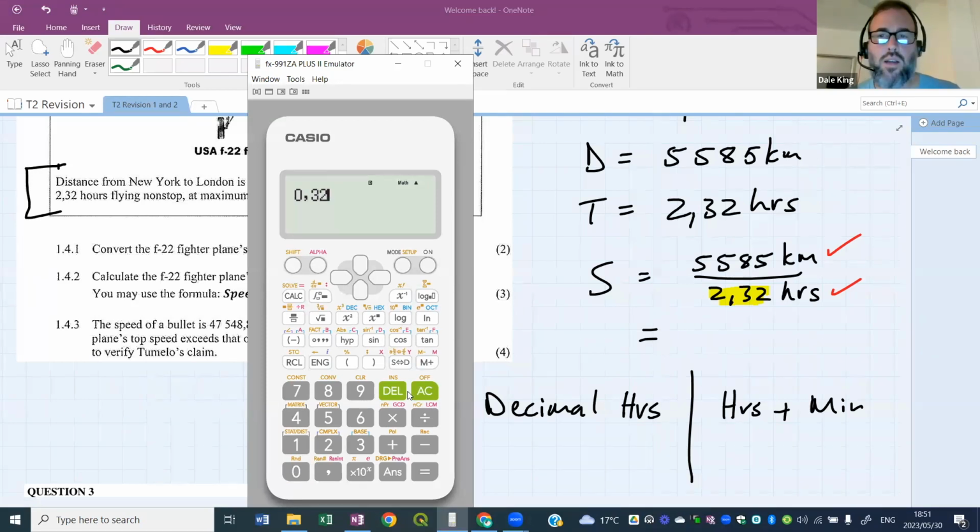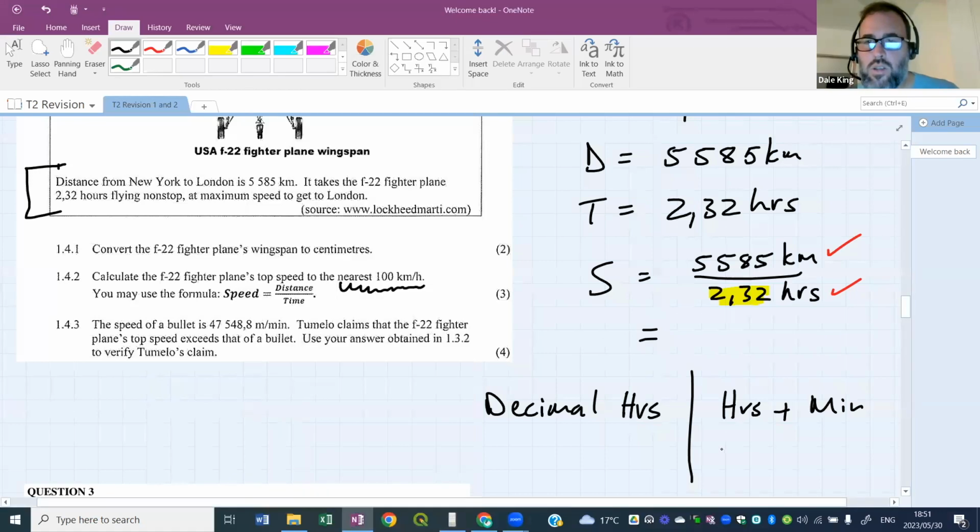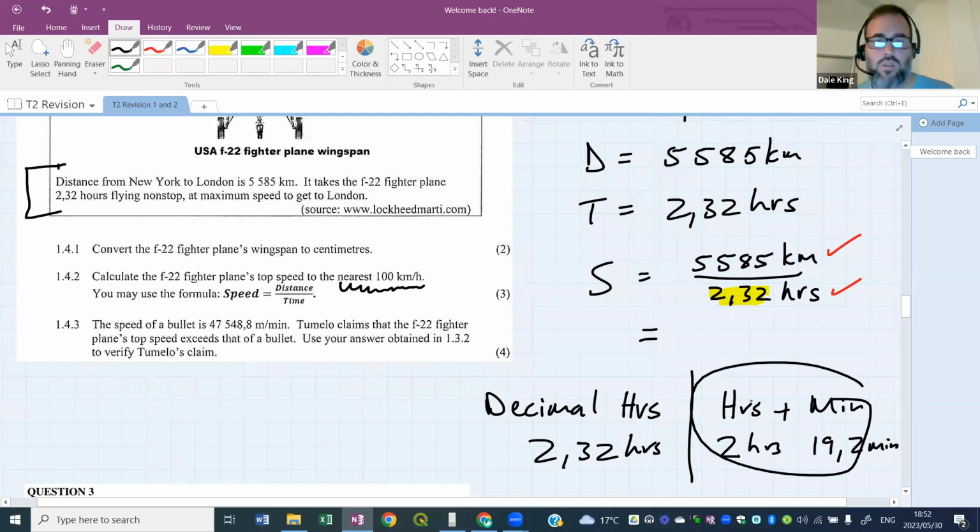Don't worry about the 2 hours. I'm just taking the 0,32 hours. How many minutes is that? Times by 60, and that'll be 19,2 minutes. So in terms of hours and minutes, 2,32 can be written as 2 hours and 19,2 minutes. That's how you write time in hours and minutes versus decimal hours.